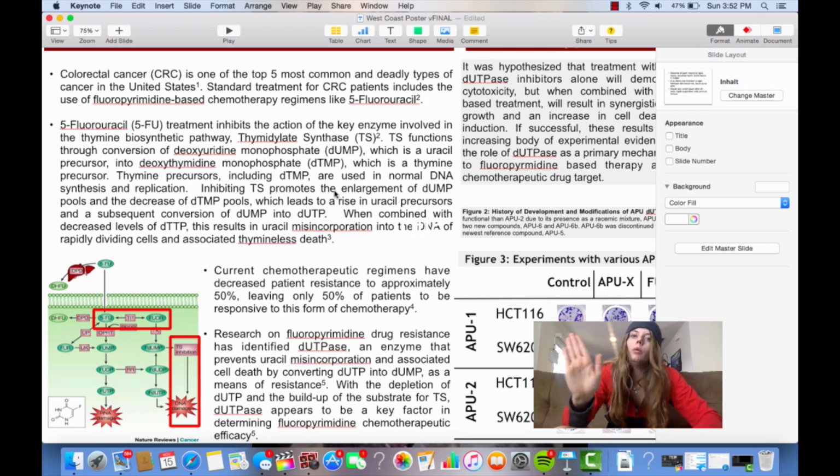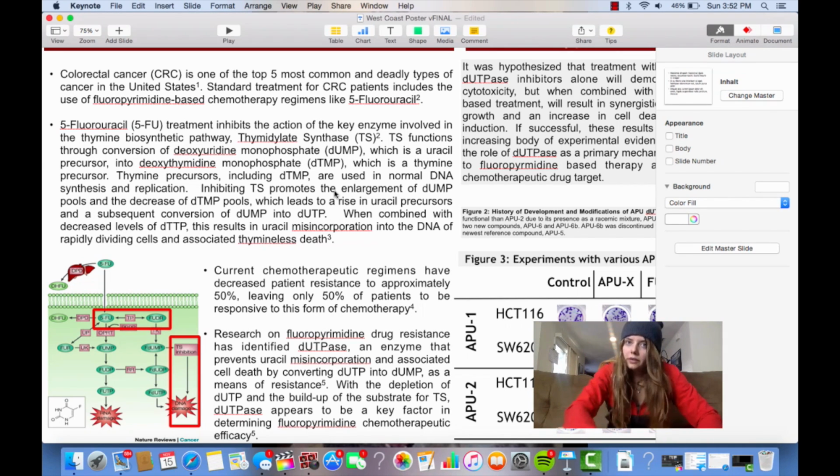And the cell will go, whoa, whoa, whoa, we're not supposed to have uracil in the DNA, something's wrong, and it'll kill itself. Apoptosis, that is programmed cell death. The cell goes, oh no, something's wrong, uracil's in the DNA, we're killing ourselves because there's something wrong here. So that's how you try to kill cancer cells.